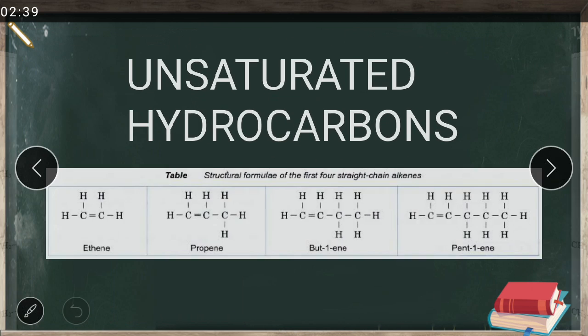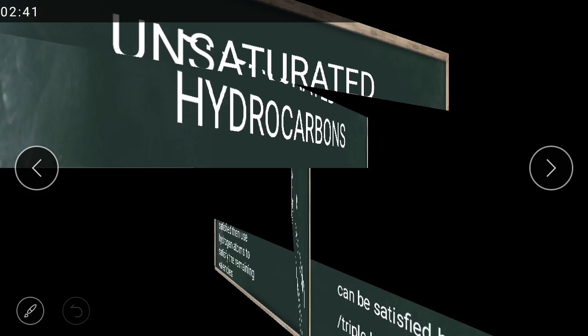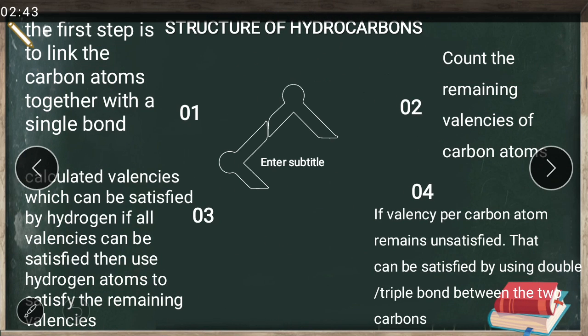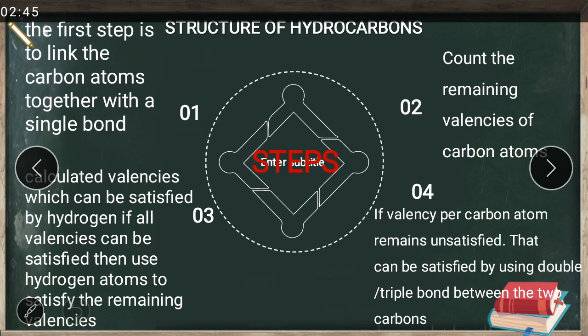Now we are going to draw the structure of hydrocarbons. To draw the structure of hydrocarbons, we have to follow some simple steps. First step: we have to link the carbon atoms together with single bonds.